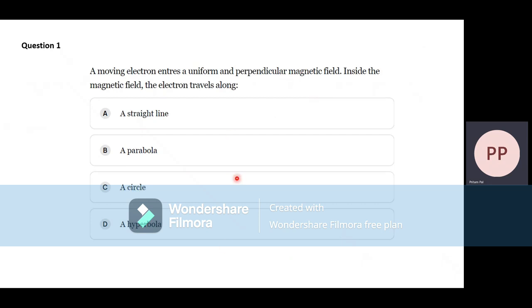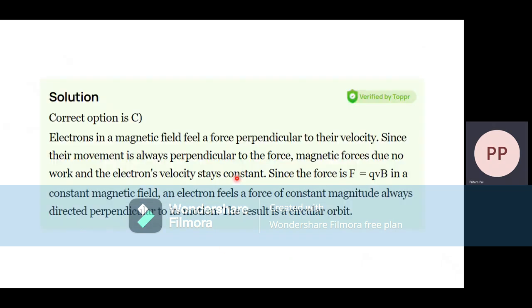There are four options given. You need to just find out what will be the trajectory.